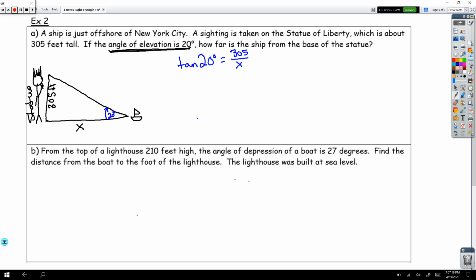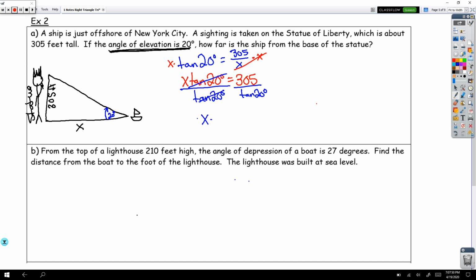Now I'm going to have to do a little bit of algebra here to solve for x. To get the x out of the denominator, I'm going to multiply. Okay, that x cancels. So I have x times tangent of 20 degrees equals 305. Now to get x by itself, I'm going to divide that tangent of 20 degrees off to the other side.